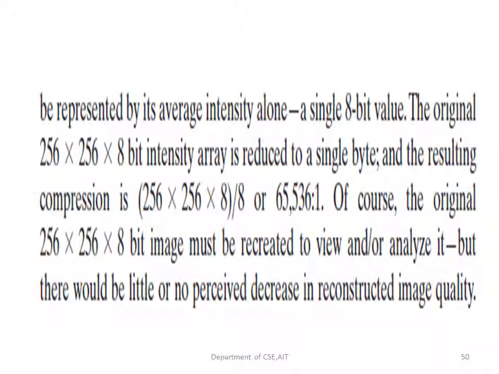Now it is reduced to a single byte, and the resulting compression will be equal to 256 into 256 into 8 divided by 8, which turns out to be 65,536 to 1. So the original image can be recreated, and there will be no decrease in the reconstructed image quality.